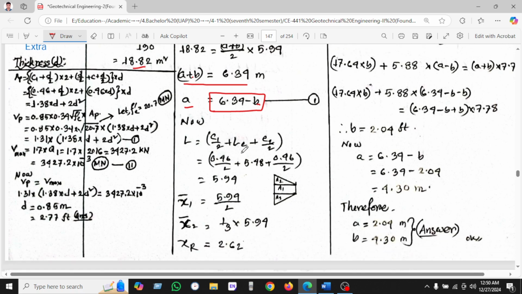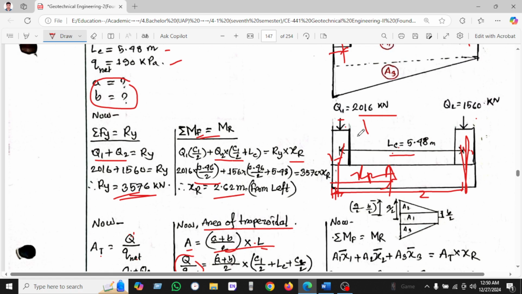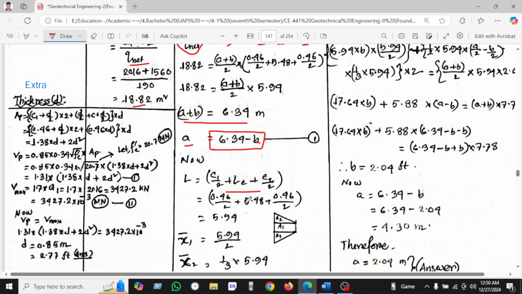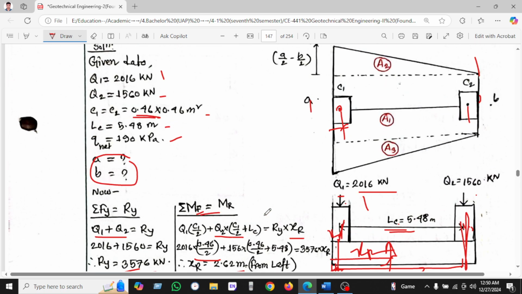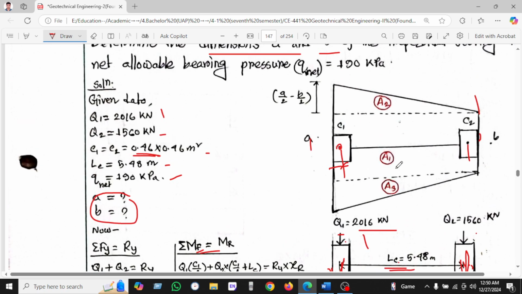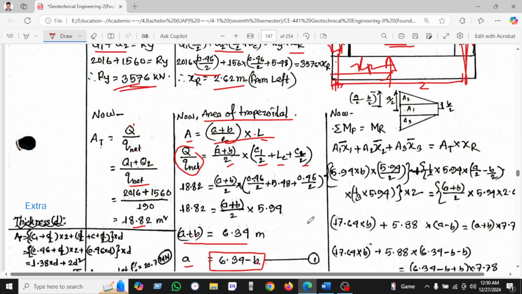Now we'll see L equals C by 2. This is the LC. L equals C1 plus 2, LC, plus C2 plus 2, and calculating this we found 5.94. And x1 is nothing but, as I have divided into three sections 1, 2, 3, x1 equals this value divided by 2.